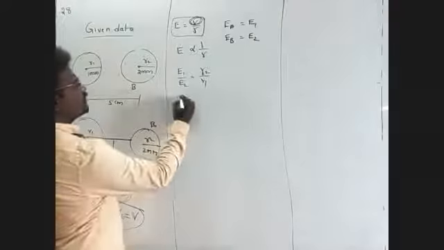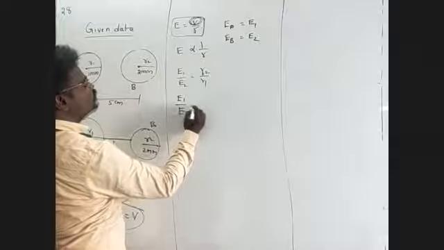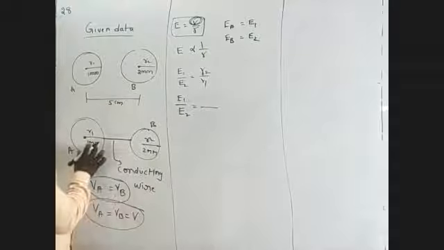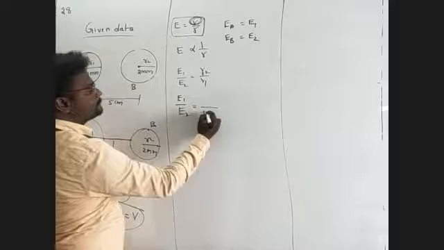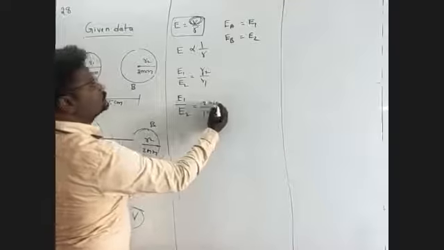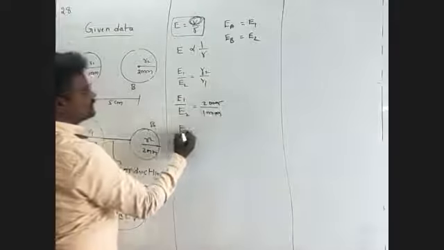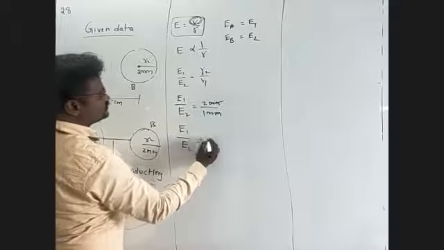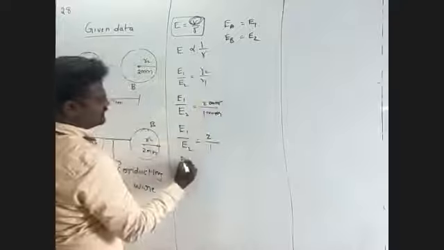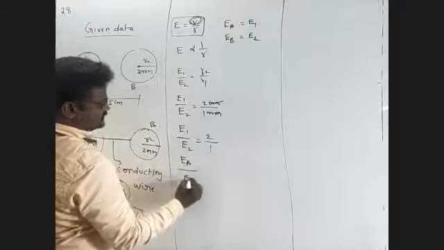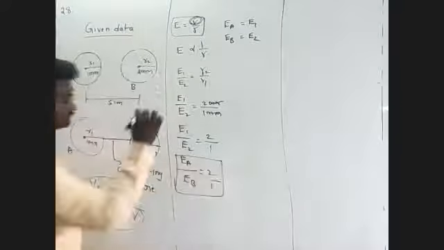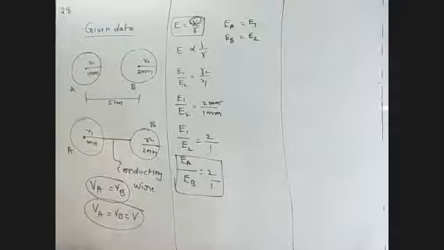Now, R1 value is 1 mm and R2 value is 2 mm. So E1 by E2 is equal to 2 by 1. E1 is EA and E2 is EB, so the ratio is 2:1. This is your answer.